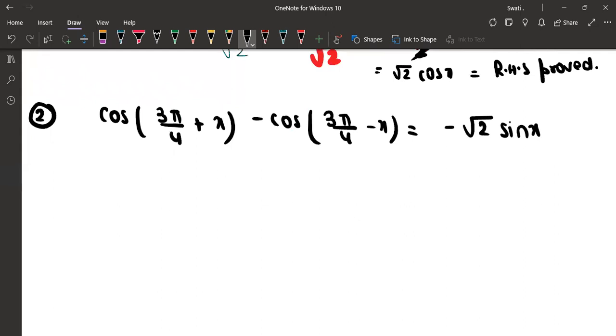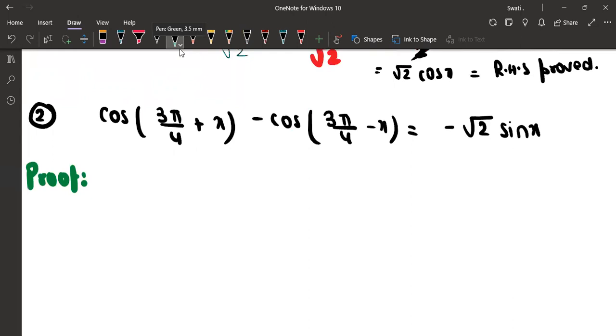As soon as you look at this question, you can see that it is in the form of cos(A + B) - cos(A - B), unlike the first question. In the first one we had cos(A + B) + cos(A - B), but this one is cos(A + B) - cos(A - B). That means we have a formula for this as well. Of course, we will start with the proof, but first we will write down the formula.